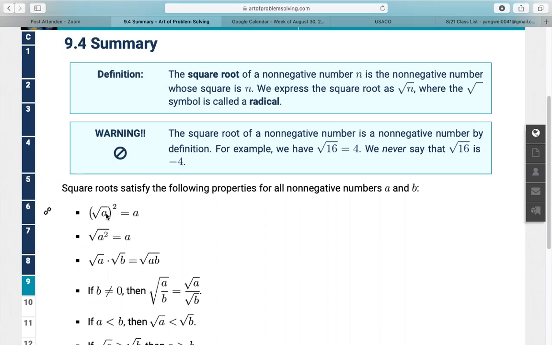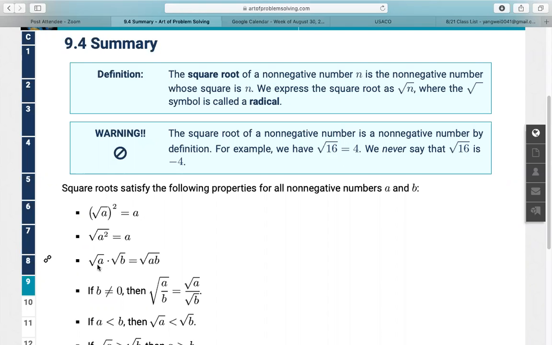If a takes the square root and then is squared, this equals the original number a. And if you square a and then take the square root of a squared, you also get a, because the square root and the square cancel out.